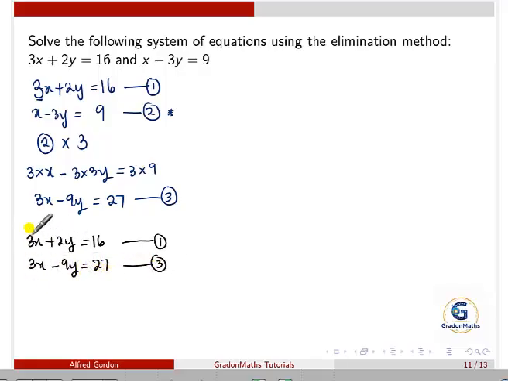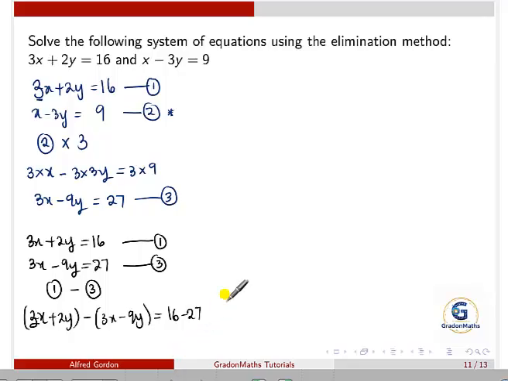Knowing that the coefficients are now the same for x, then we can do equation 1 minus equation 3. So let's do that. We have 3x plus 2y minus 3x minus 9y is equal to 16 minus 27.